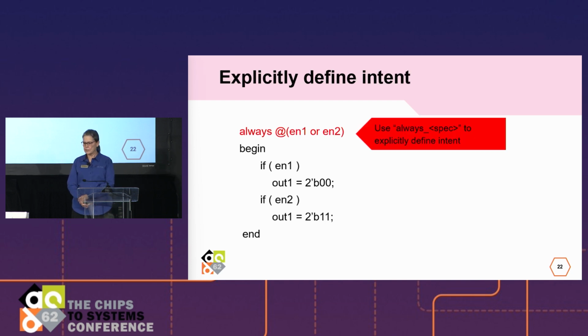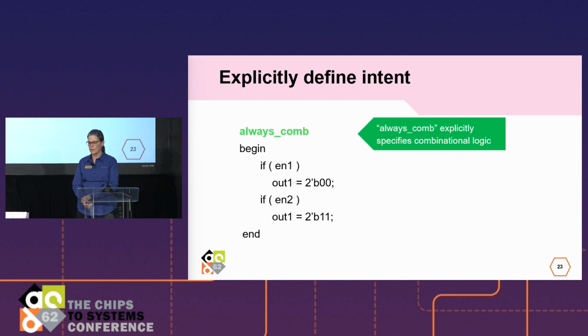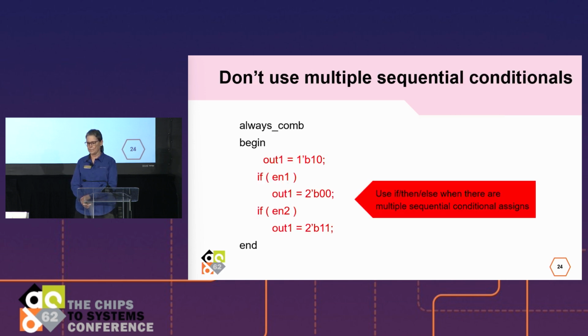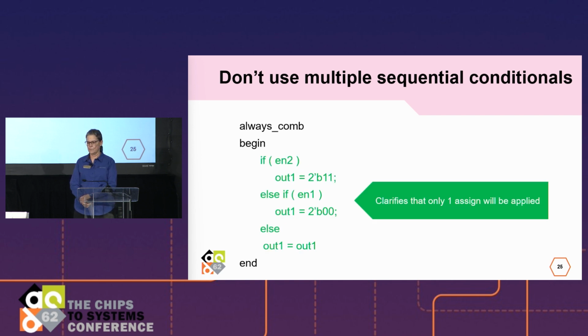In this first example, we have a rule to use a SystemVerilog always construct that explicitly defines your intent. By using always_comb, we make it clear that the intent is to create combinatorial logic. The next rule checks that when there are multiple sequential conditional assignments, you use the if-else construct.